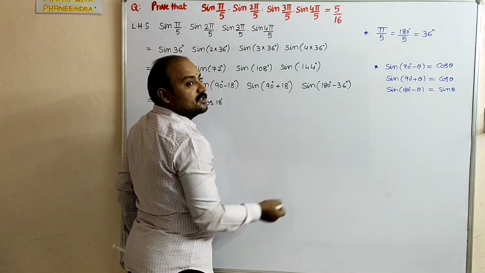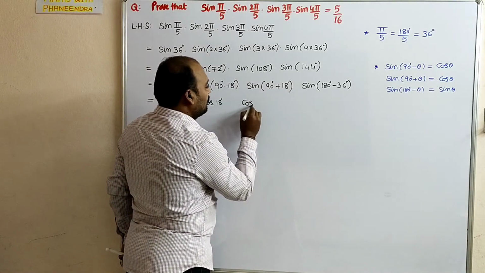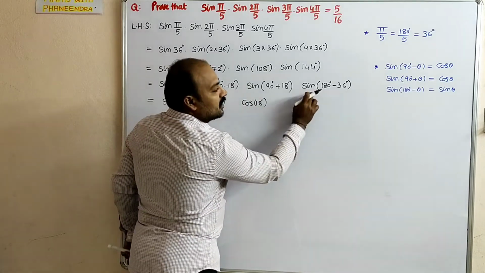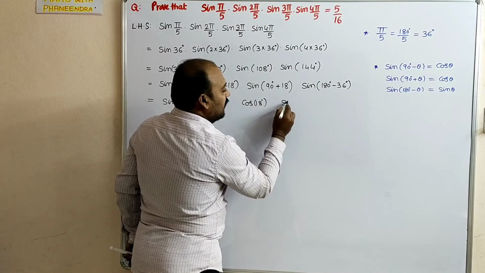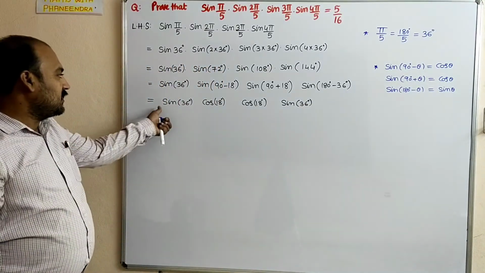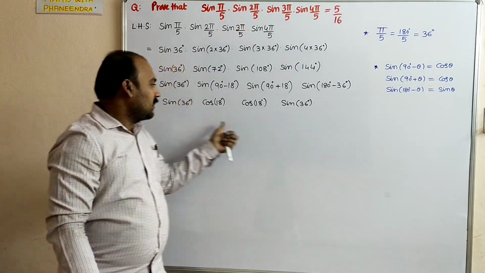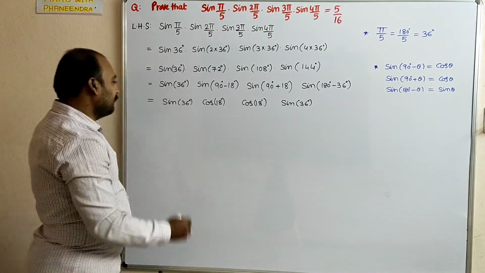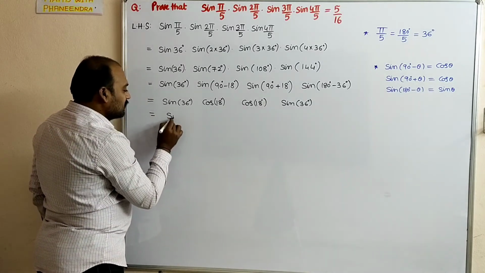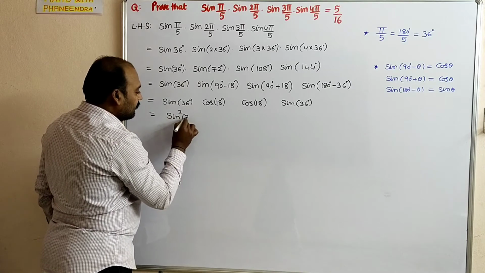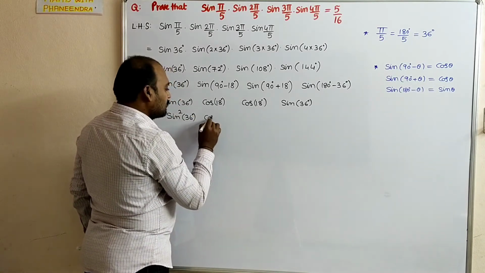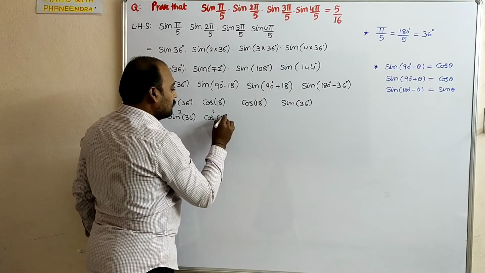Sine of 90 plus theta is cos theta, so cos 18. Sine of 180 minus theta is sin theta, so sine 36. We observe sine 36 into sine 36, sine square 36, and cos 18 into cos 18, cos square 18 degrees.